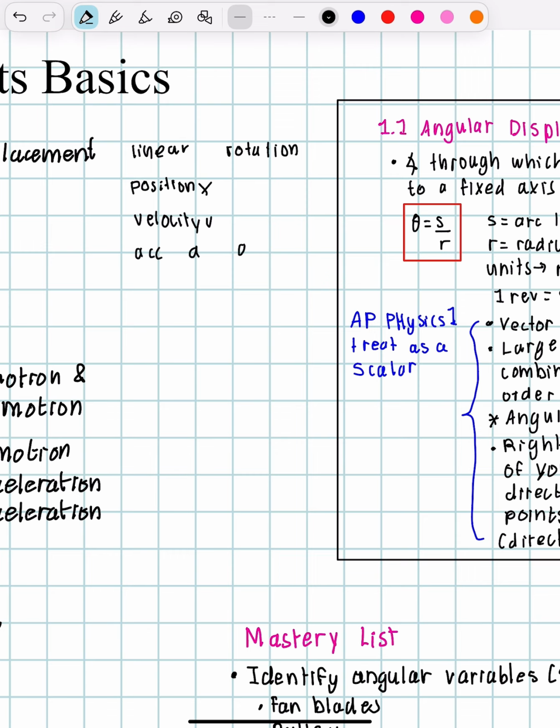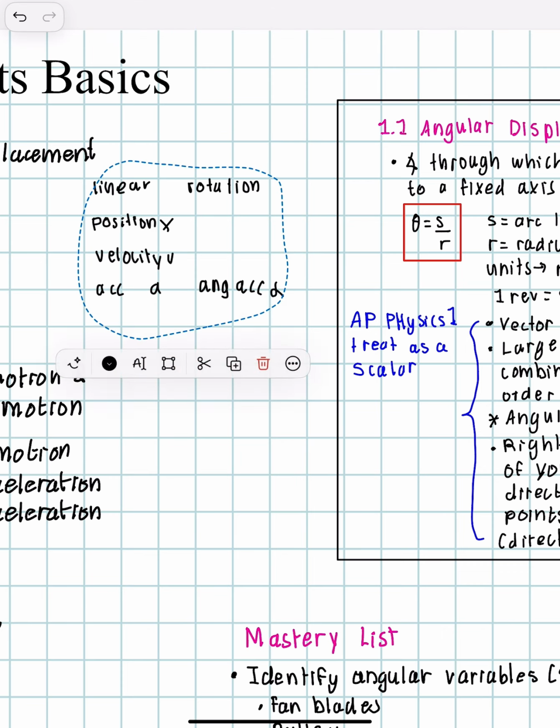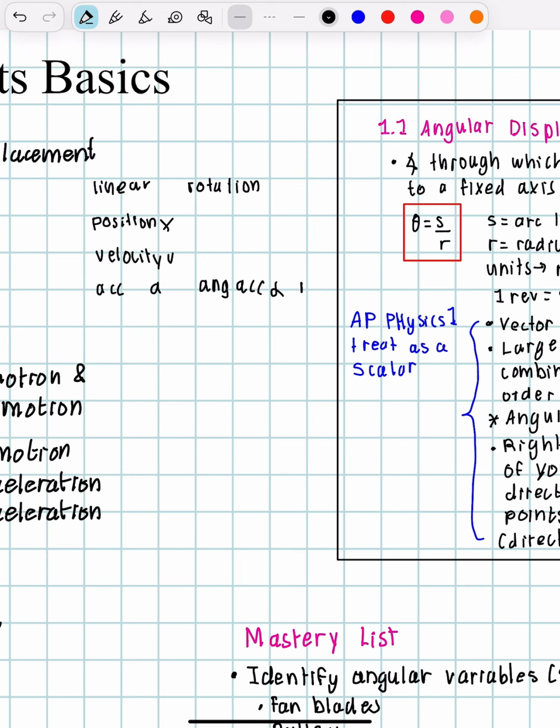Here we have angular acceleration, which is alpha, measured in rad per second squared. Angular velocity and angular position are omega and theta respectively, measured in rad per second and rad.